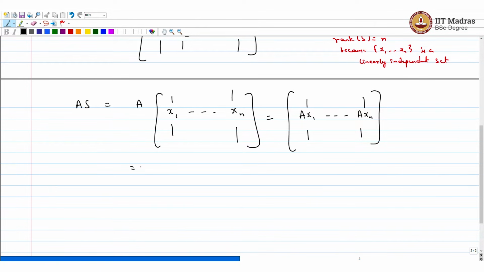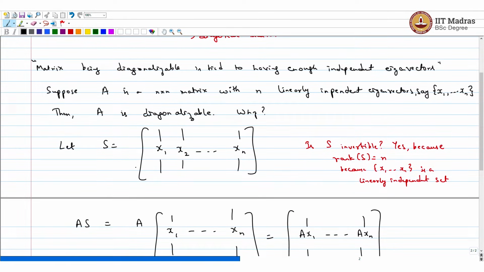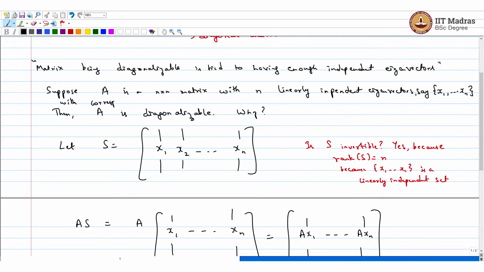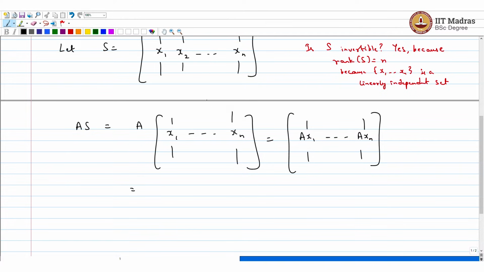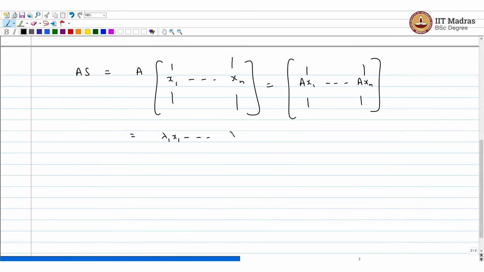But these are not any x, these are special vectors, these are the eigenvectors of the matrix A. So, let me write n independent eigenvectors with corresponding eigenvalues lambda 1 until lambda n. So, lambda 1 is the eigenvalue with corresponding eigenvector x1 and so on. So, what we got is lambda 1 x1 until lambda n xn, right.